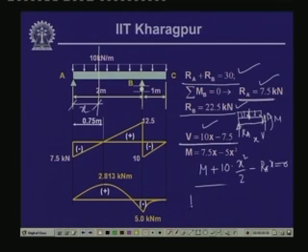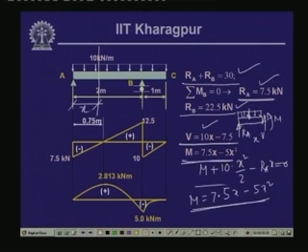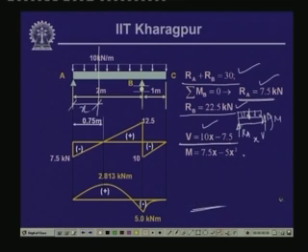So, this gives us M equals Ra into x, Ra is 7.5, so 7.5 into x minus 5x square. So, this is the expression for the bending moment which is indicated over here. So, we have the values of bending moment and the shear force indicated by these expressions. This gives us the variation of the bending moment and the shear force.